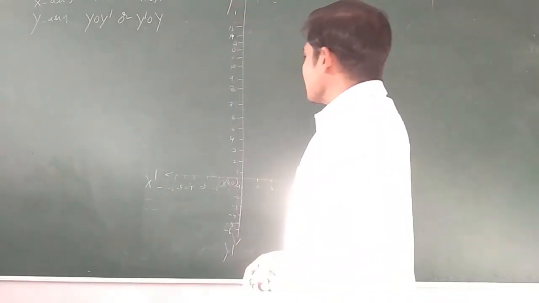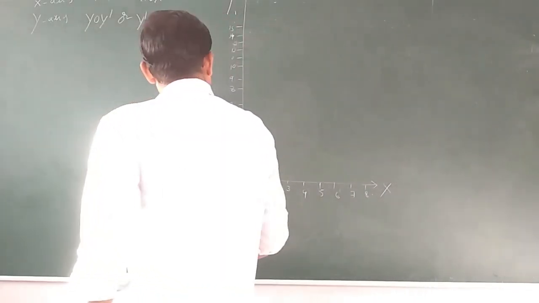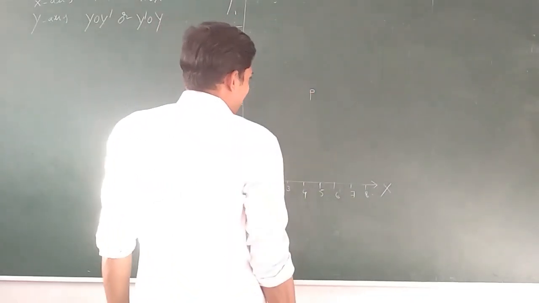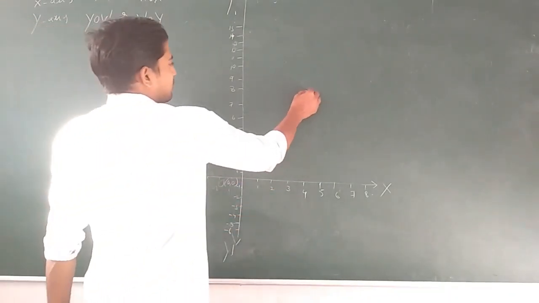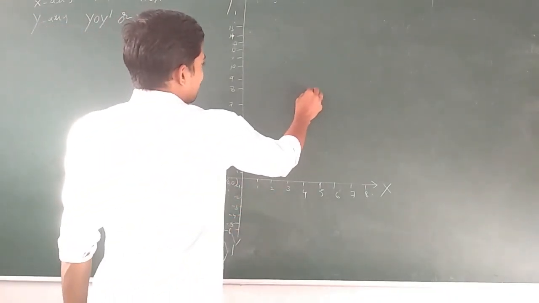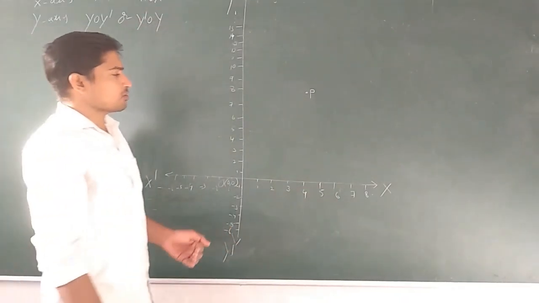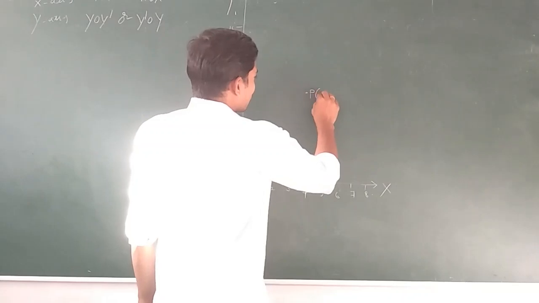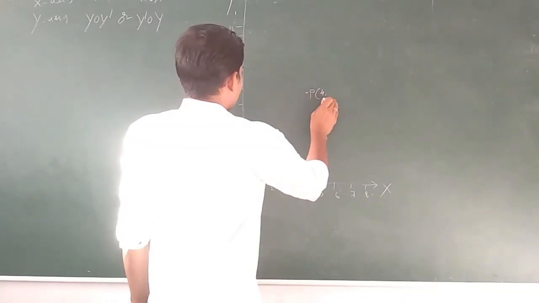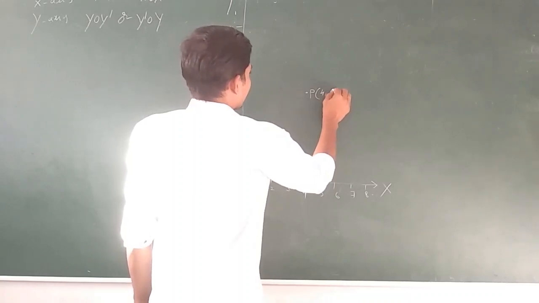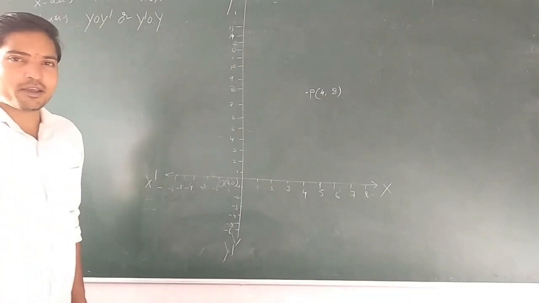In a Cartesian plane, suppose I take a point P here. The location of the point is, suppose, (4, 8).